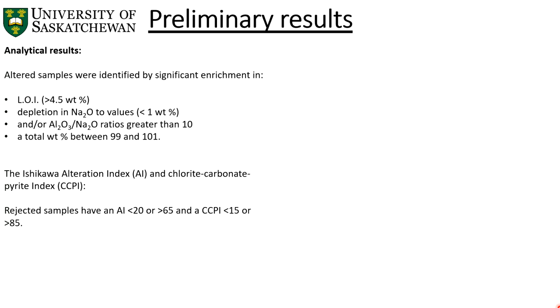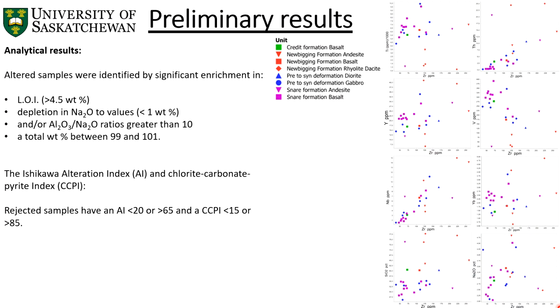Then I had to check the mobility of major and trace elements before using the following diagrams. So I plotted Ti, Y and Yb against zirconium, and they have the specificity of generating two distinct increasing trends.